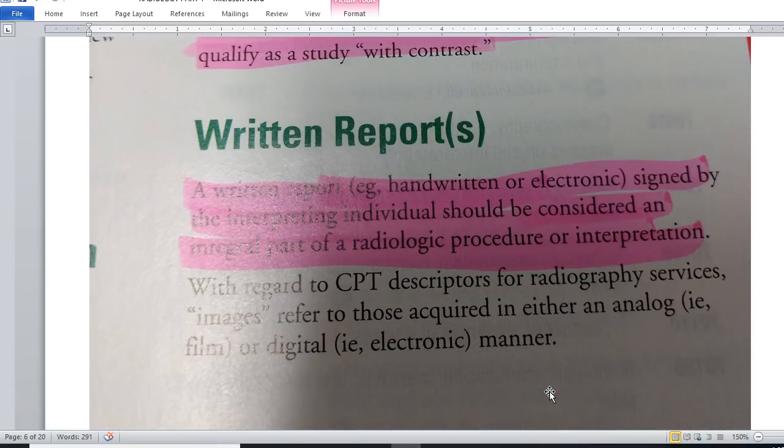One more thing to keep in mind, written reports. Our radiologists are required to write reports to get paid. So a written report, handwritten or electronic, signed by the interpreting individual, should be considered an integral part of the radiologic procedure or interpretation. So this is just like if you go to a primary care physician for an office visit. They are required to write up the office visit for billing purposes.